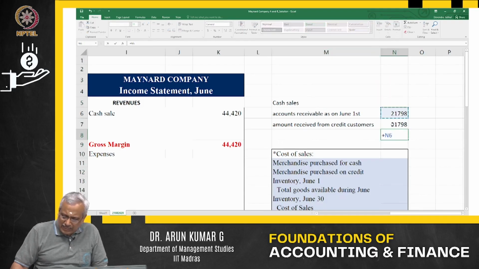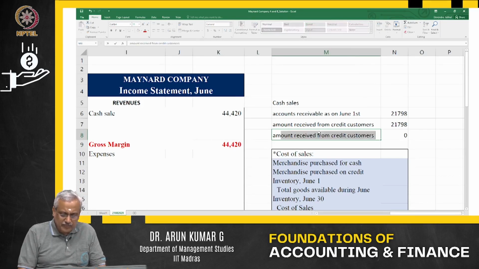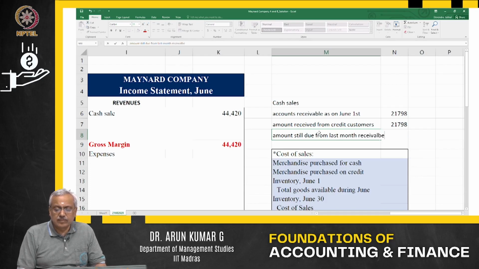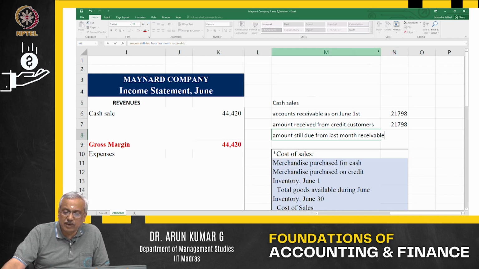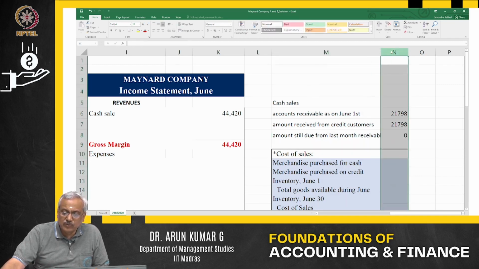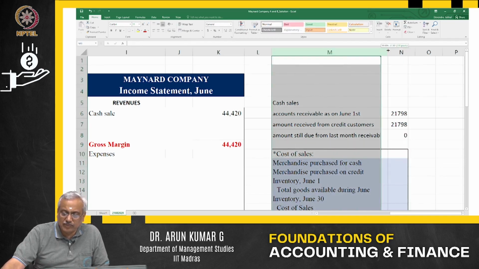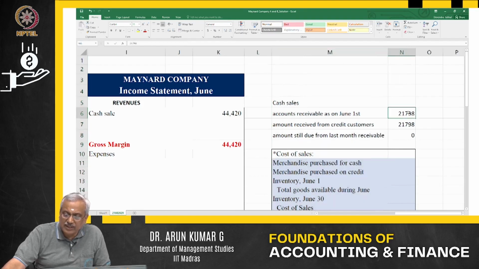So, what is the amount still due from last month receivable? From the last month receivable, the amount still due for me is nil. That is, this is what I had to receive. I have received so much, so it is nil. That is all.